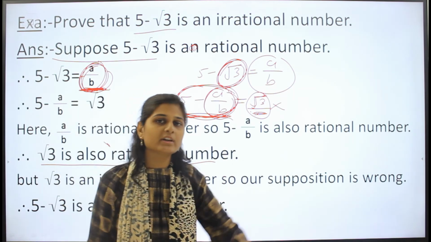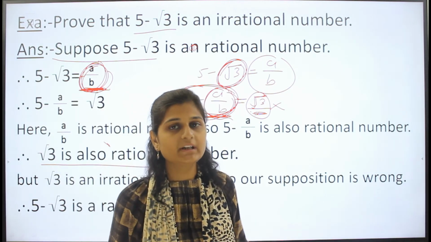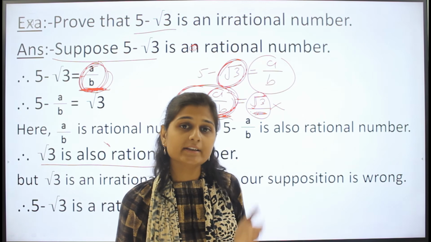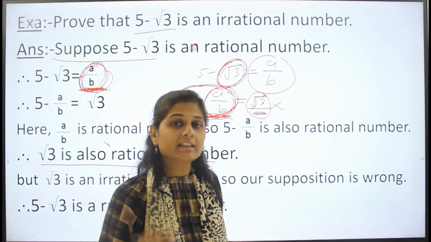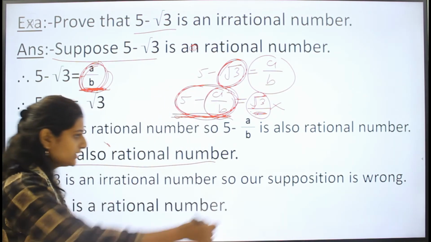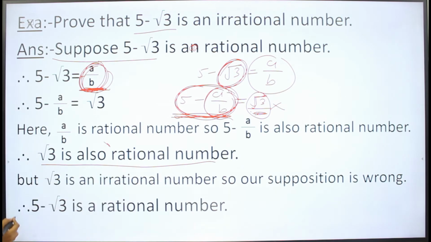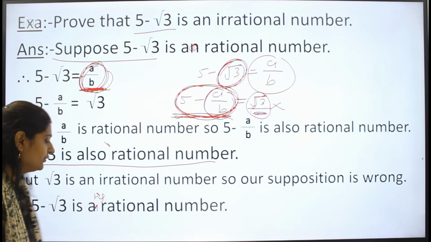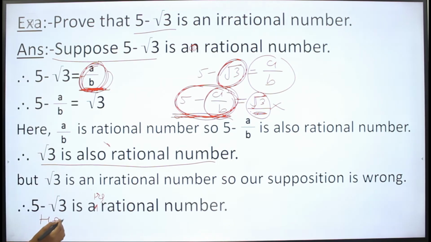But as we know that root 3, root 5, root 7 are not rational numbers, they are irrational numbers. That means our supposition is wrong. That means 5 minus square root of 3 is also an irrational number.